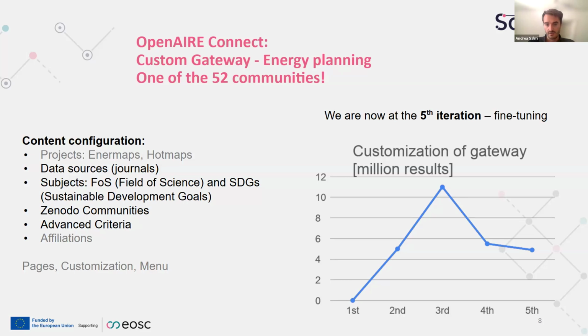You can see that the number of results, depending on the iteration, was varying between, in the beginning, 11,000 to a few millions. And then after getting enough results at the second iteration, we tried to customize the gateway to reduce the results and reduce the noise, to have fewer out of scope results.